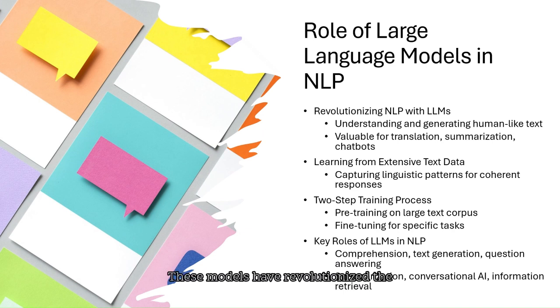These models have revolutionized the field of natural language processing by their ability to understand and generate human-like text. With advances in deep learning and neural networks, large language models have become valuable assets in various natural language processing tasks, including language translation, text summarization, and chatbot development.